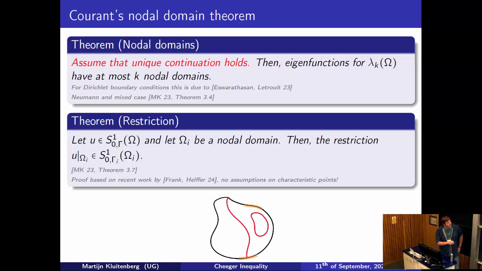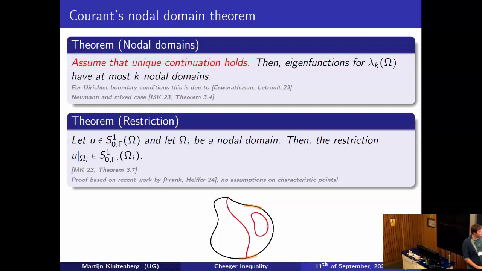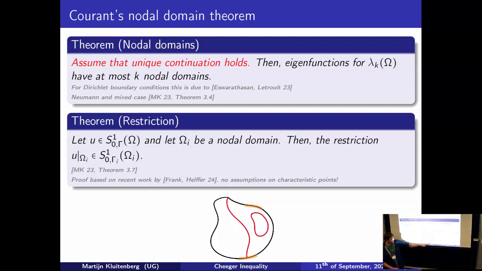So this Γ_i is the part of the nodal domain Ω_i where this restriction is supposed to vanish, namely on the nodal lines and on the Dirichlet part of the boundary. I don't write the precise definition, but if we had this nodal domain here, Γ_i is this red part together with the orange part that is the Dirichlet part of the boundary.